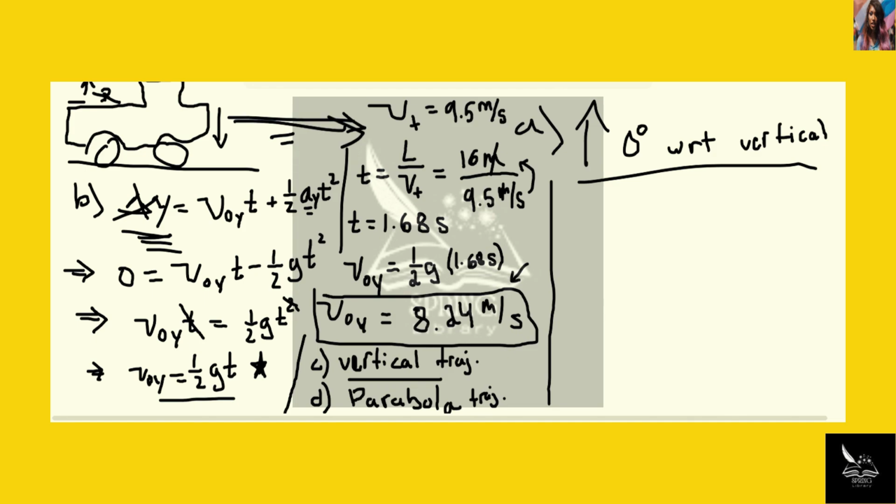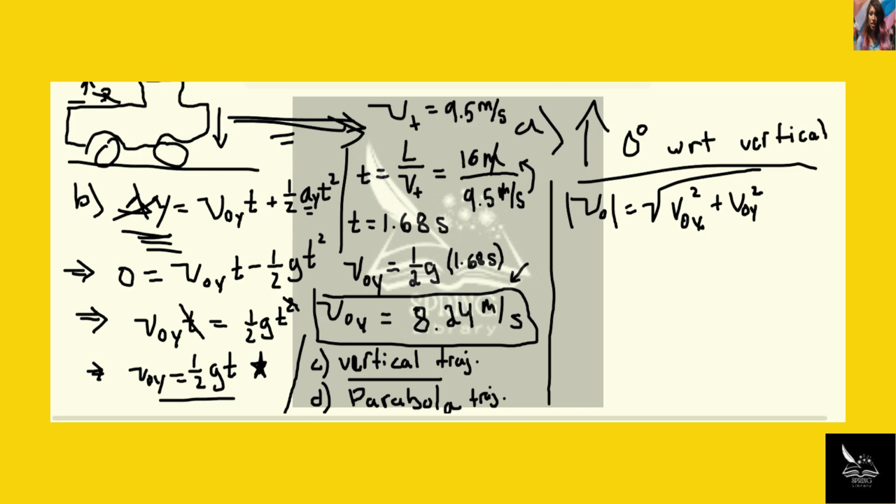So we actually have both velocities that we need to solve for this initial velocity, using just finding the magnitude. This is essentially the Pythagorean theorem here to find the magnitude.